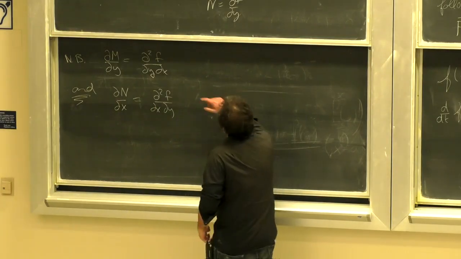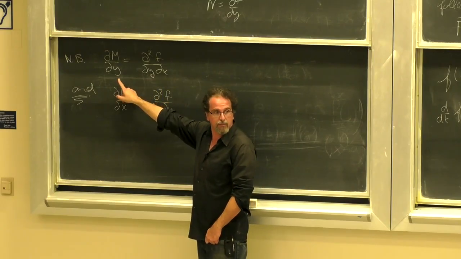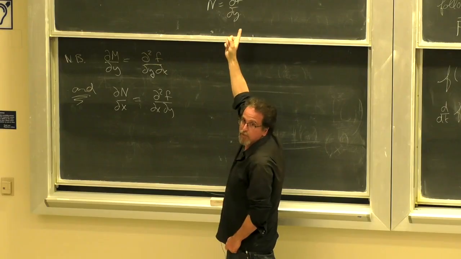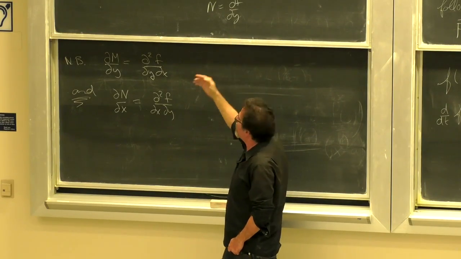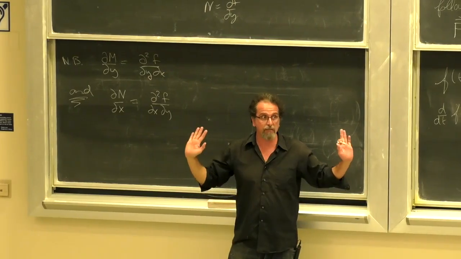So what does this say? It says take the x derivative first and then the y derivative, because I took the y derivative last. So I just took the y derivative of the m equation, and then the x derivative of the n equation. That's all I did.